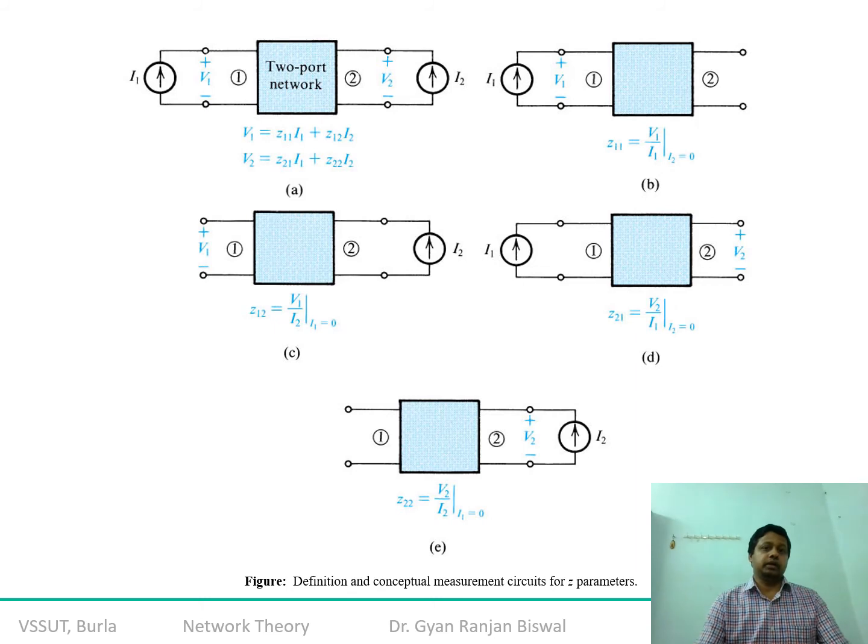Therefore, when we calculate Z11, we assume that there is no I2. I2 is absent, that means I2 is equal to 0. In other words, you can modify the circuit in such a way that you keep the output terminal 2 open.